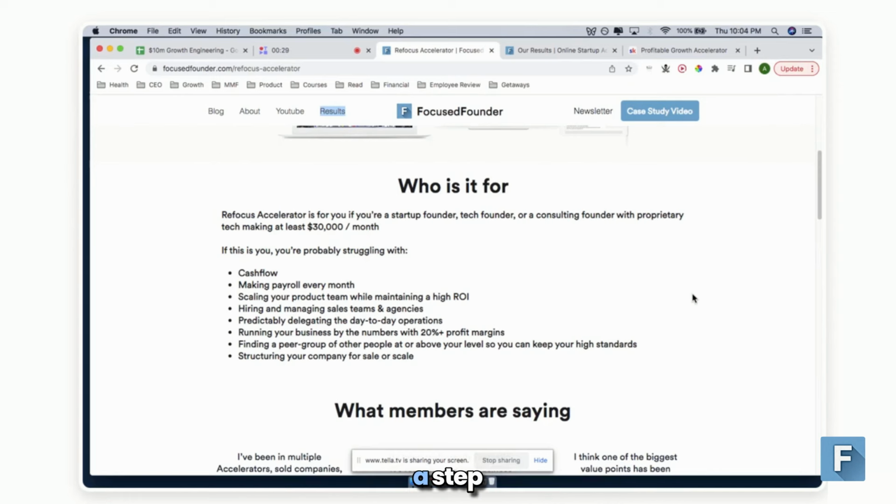That's definitely a step that you have to go through before scaling up your revenue. You're probably struggling with hiring and managing sales teams and agencies, really settling in that traffic and conversion that we talked about earlier. And then you're probably struggling with predictably delegating the day-to-day operations. This is iterative, and you have to keep auditing. So again, totally normal to go through this if you're experiencing this.